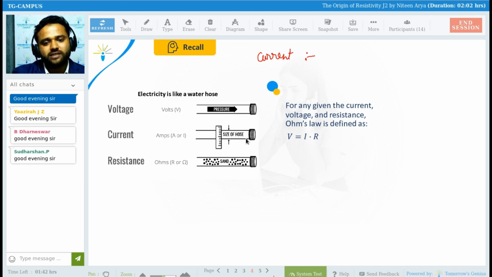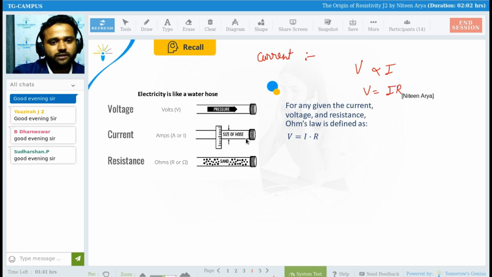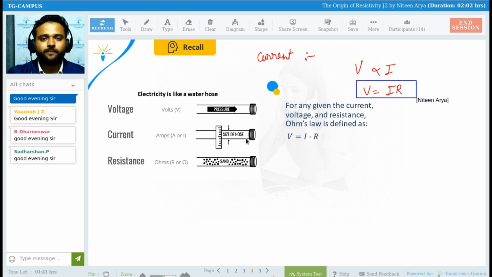Current is like the size of the hose, and resistance is going to be sand. As we know, V is directly proportional to I, and V equals IR. In the previous class we learned this is Ohm's law. So this R is in general the proportionality constant, the resistance offered by any particular material.